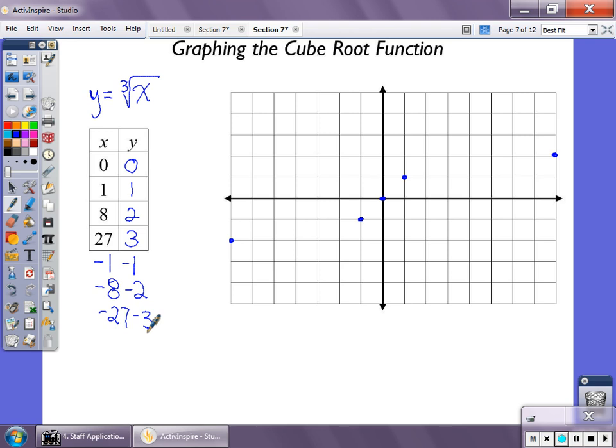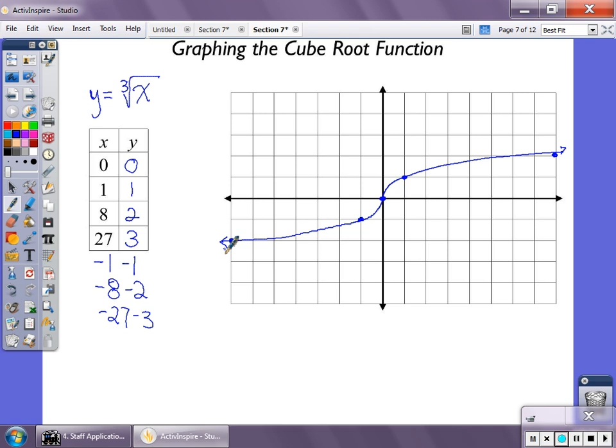Now when you connect these points here, don't draw straight lines in between these three. It's going to be a nice curve. And it continues up forever and a day. That way, and then, man, that's a nice curve right there. Okay, and this is the general shape of the cube root function. Okay, and you need to memorize this.